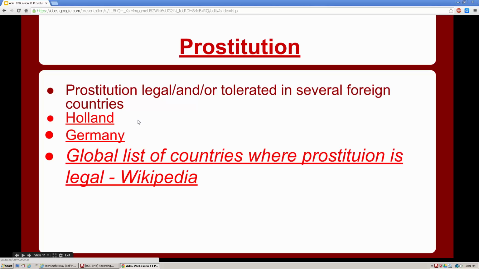This one is on Amsterdam's red light district. And for Germany, it gives you a link to a fairly famous street in Berlin where a number of street prostitutes stand soliciting. And here is a list out of Wikipedia that shows you worldwide the countries where prostitution is legal and illegal.